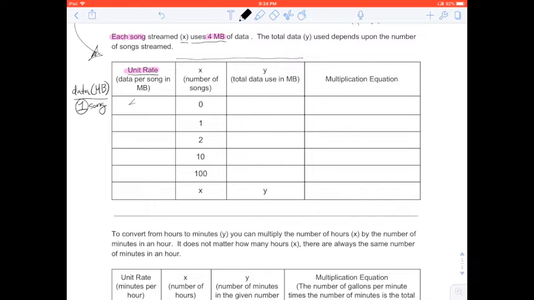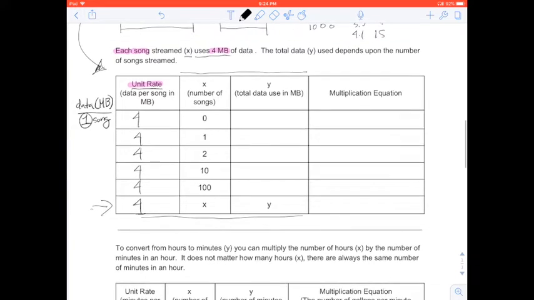So we've got 4 megabytes, 4 megabytes. And I guess since I don't have my units in the rest of this, I'm going to scratch that so it's not as complicated. 4 megabytes, 4 megabytes, even when I don't know the number of songs, right? So for this one, I don't know the number of songs yet, but I do still know that we're using the number 4 to represent the number of megabytes of data per song.